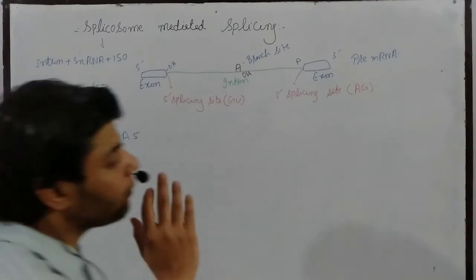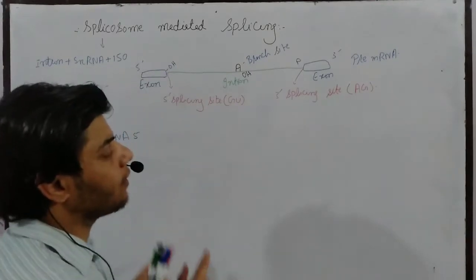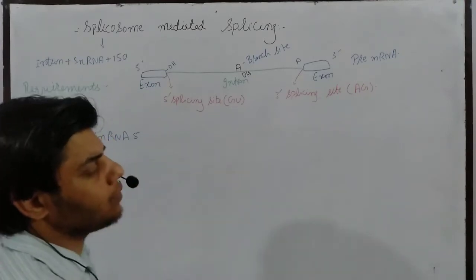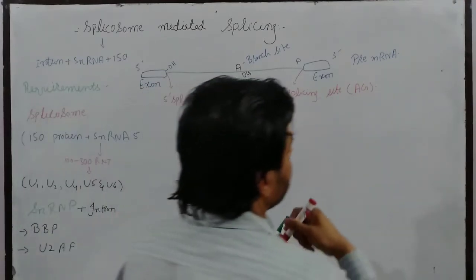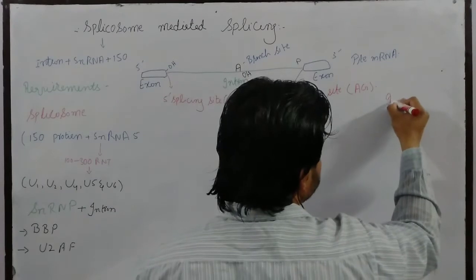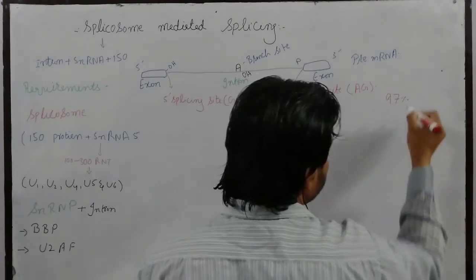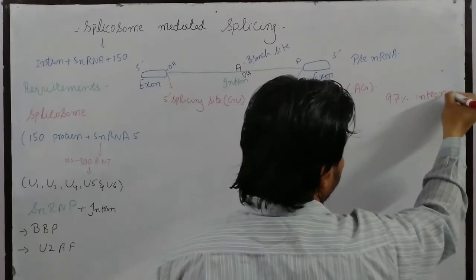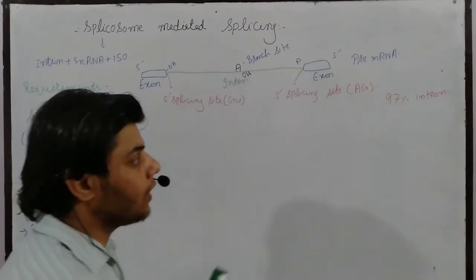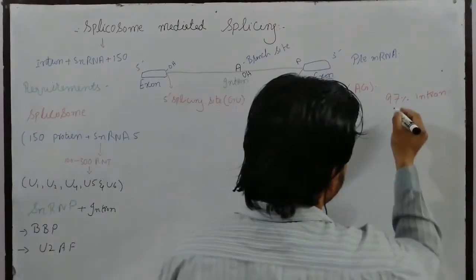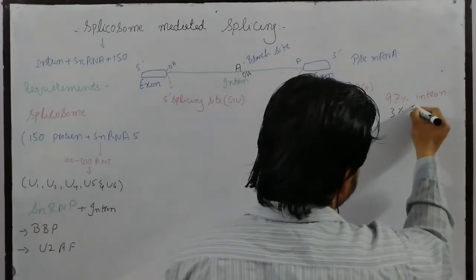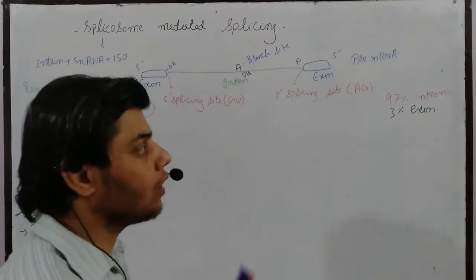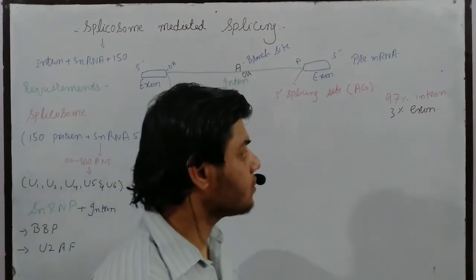Another important thing is that inside the premature RNA, almost 97% is the intron portion, or non-coding portion, and 3% is the exon portion, or coding region, which takes part in protein synthesis.